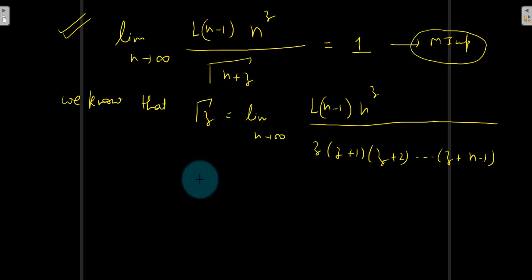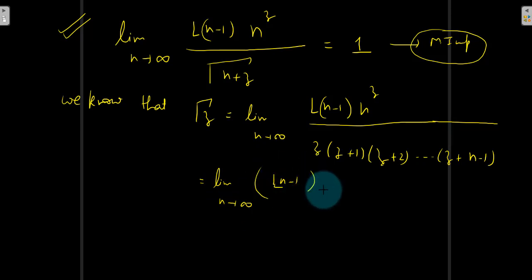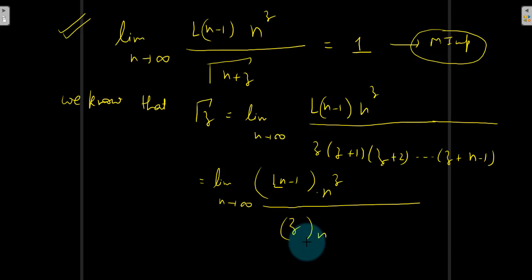So this is actually the limit as n tends to infinity of factorial of n minus 1 multiplied by n to the z, and the denominator is nothing but factorial notation, right? Now if you just divide by gamma z on both sides, you will get z factorial n multiplied by gamma z.